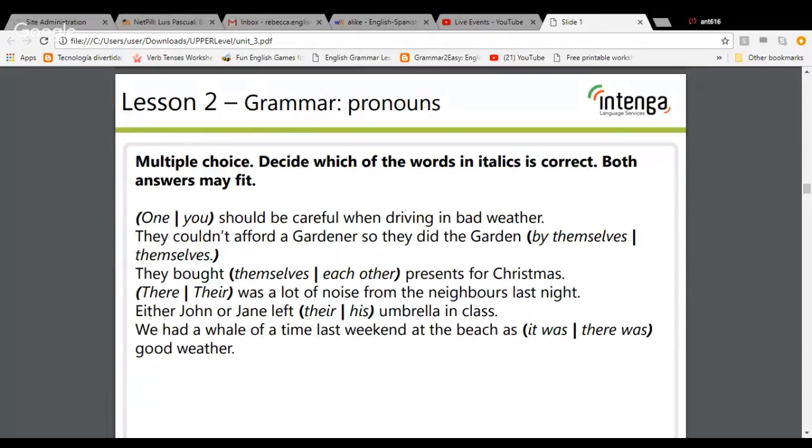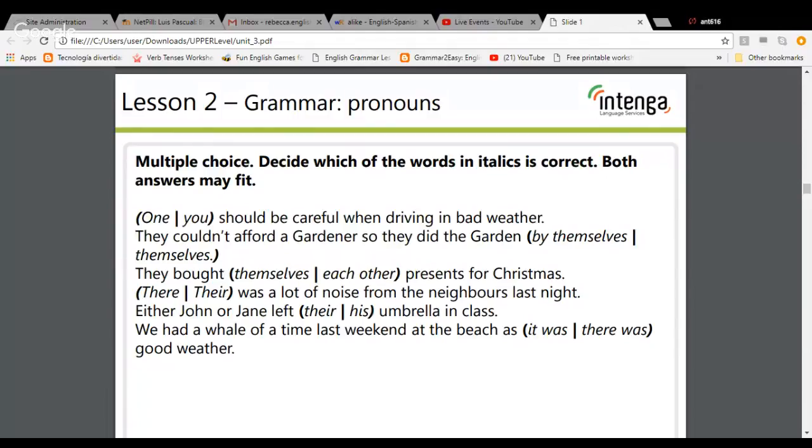The thing is that actually these pronouns have different meanings. So if they say they bought themselves presents for Christmas, for example, I go shopping with you, Ken, and they're talking about us. Basically, I bought gifts for me, gifts for yourself. So we're buying gifts for us, and I didn't buy anything for you. And same, you didn't buy anything for me.